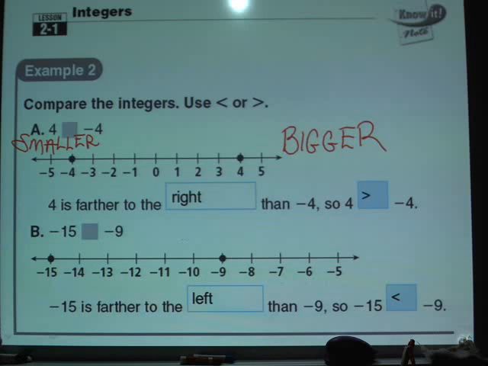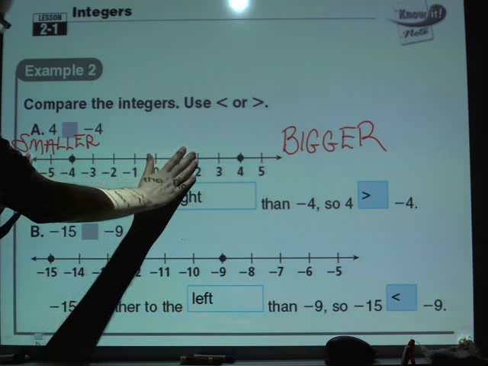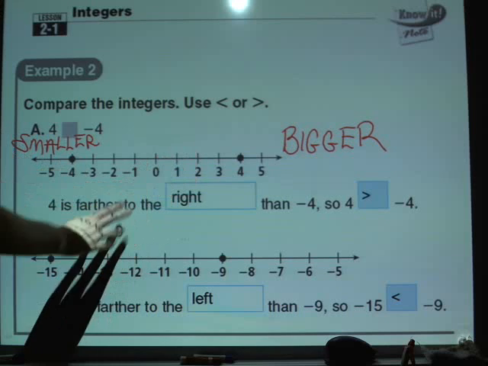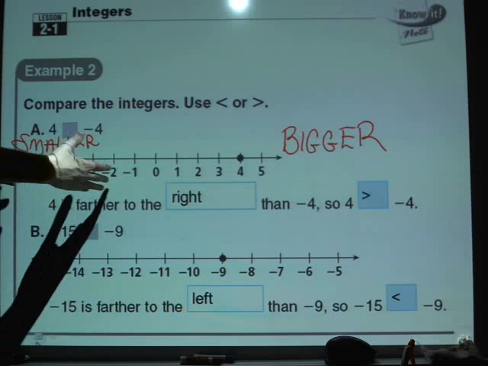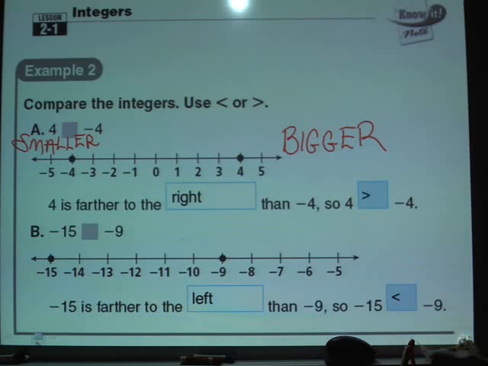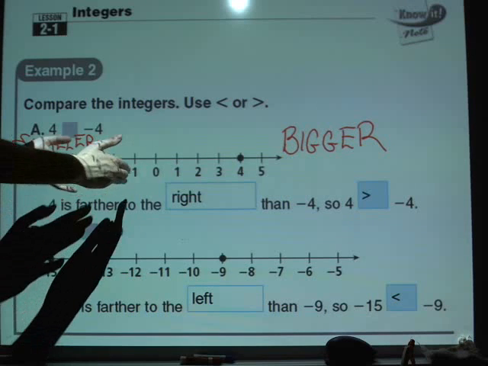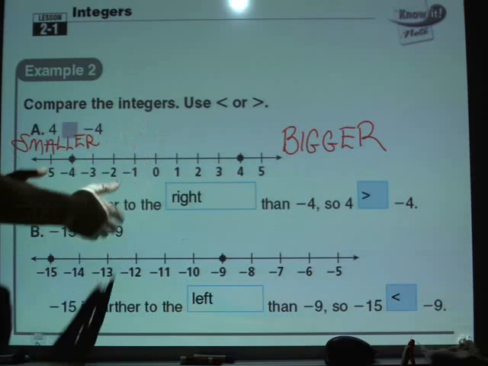Let's say we're just looking at this little chunk from -1 to -5. Some people say, well, 5 is bigger than 1, so -5 has to be bigger than -1. No, that's not true. Again, the further to the left you go on the number line, the smaller the number is. So -5 is actually less than -1.